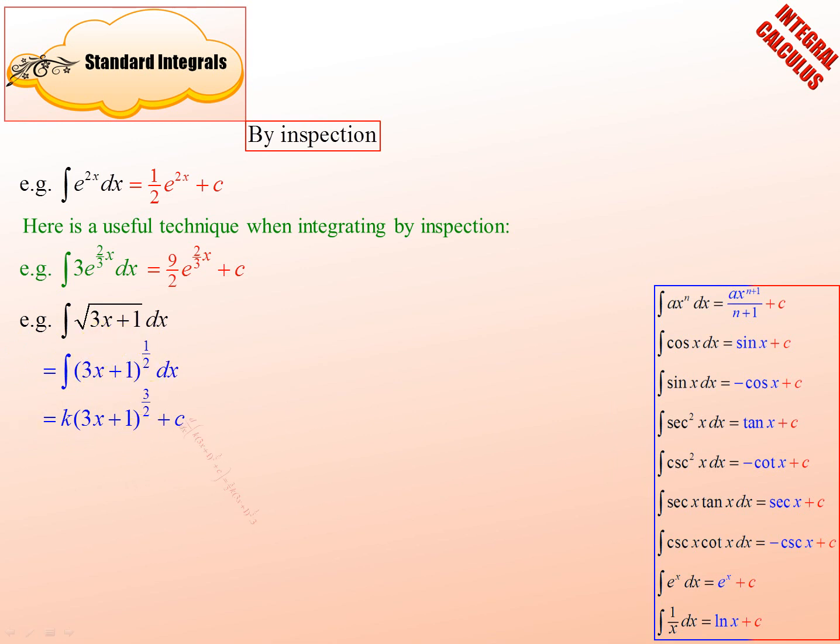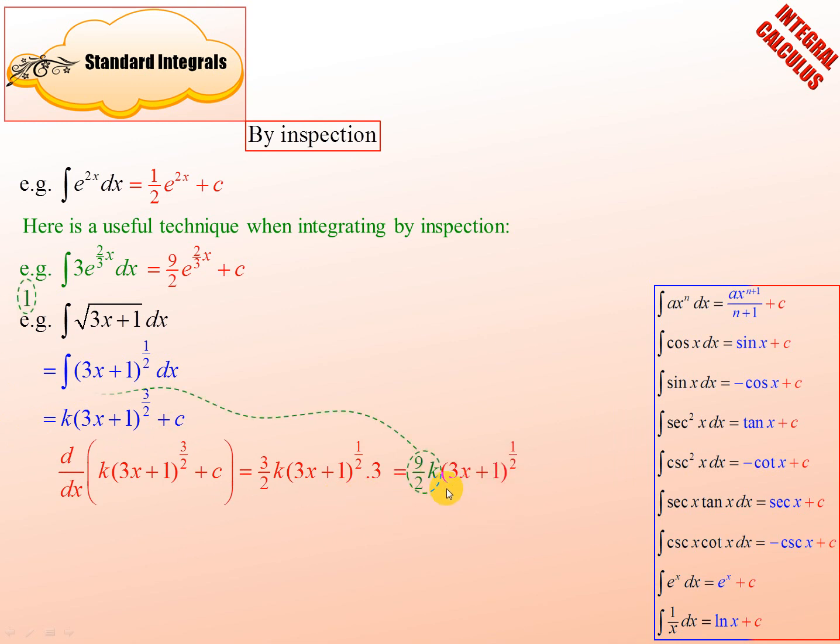So let's try it. Differentiate it. We end up with that, which we'll simplify to there. Now, if you have a look, the 9/2k, we have the same bracket exactly, so it's just 9/2k where there it's 1. So we can put 9/2k equal to 1, which means k is 2/9. So we put 2/9 in there, and there is our integral.